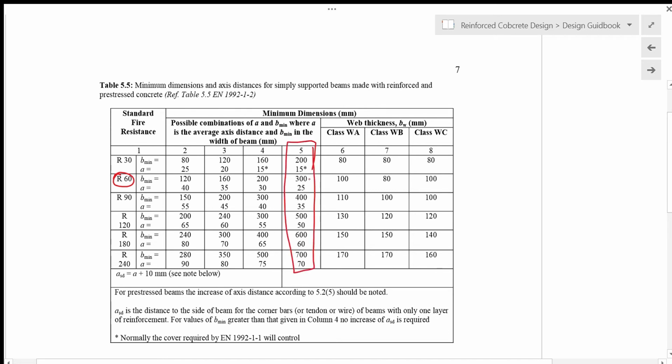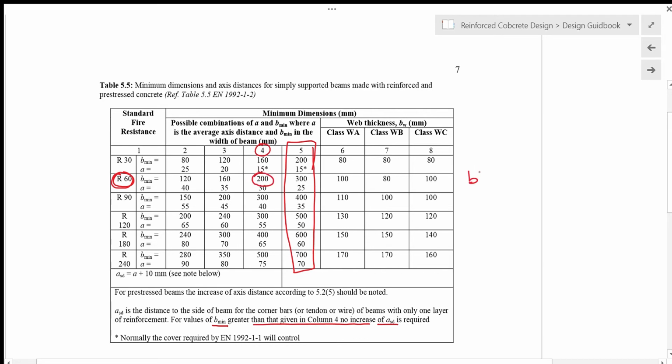Okay, and then if you read the notes here, a_sd is the distance to the side of beam for the corner bars or tendon or wire of beams with only one layer of reinforcement. For values of b min greater than that given in column 4, there is no increase in axis distance a_sd. So from R60 here at column 4, the minimum dimension is 200 mm.